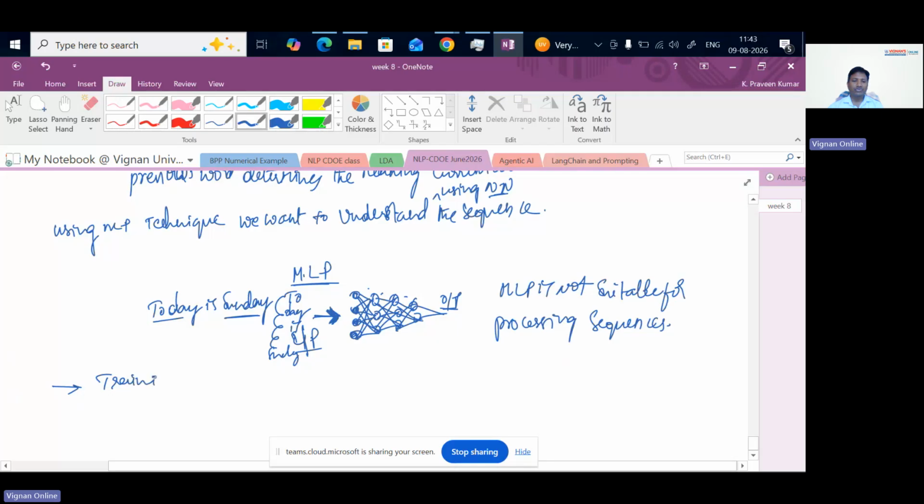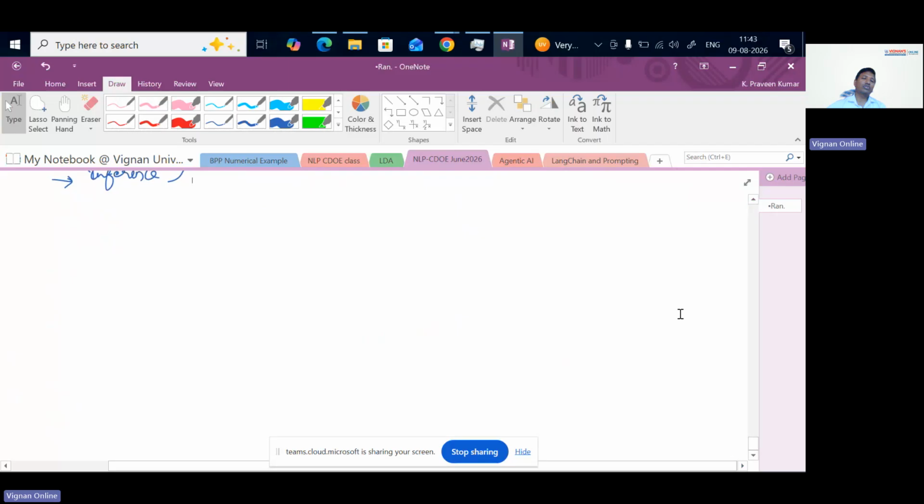We have to train this model, then we have to do inference. It has to tell something. This is human nature, and the same thing we are expecting from the neural network: training and inferencing. This is not going to happen properly because it is not understanding well, so it cannot infer well, right?